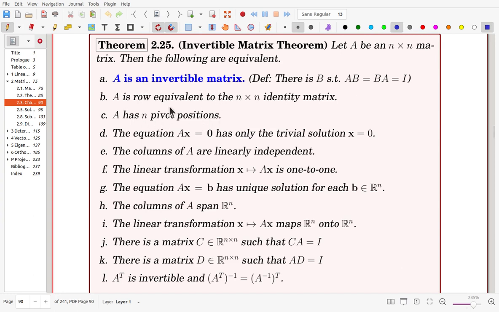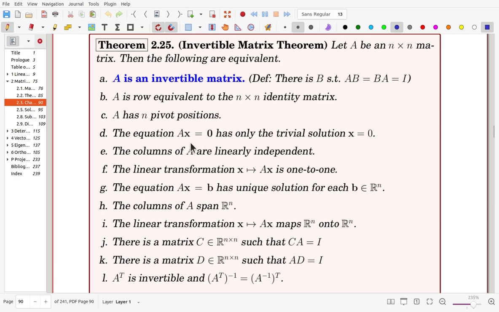A is row equivalent to the n by n identity matrix. That means that by applying elementary row operations, you can reach the identity matrix. A has n pivot positions. That is the same as the columns of A being linearly independent.